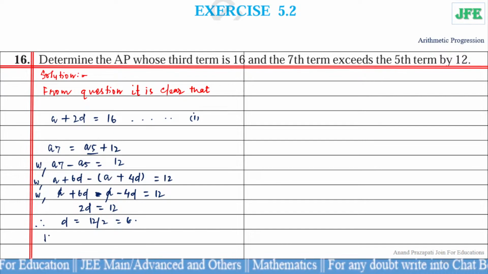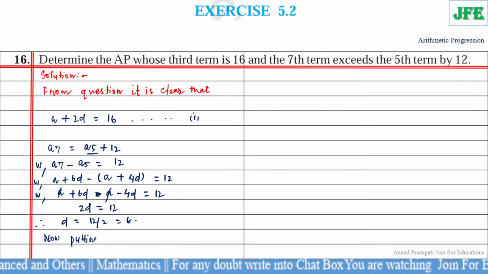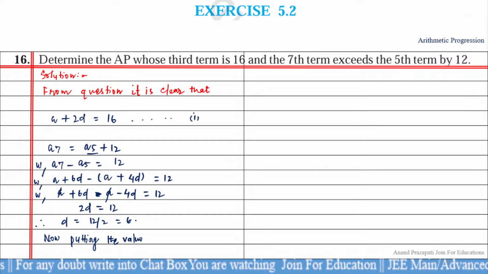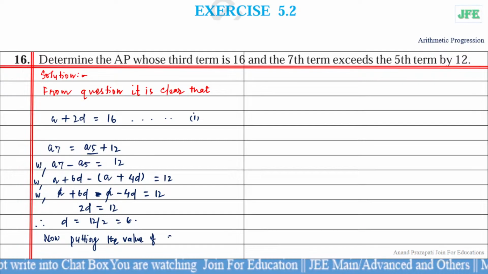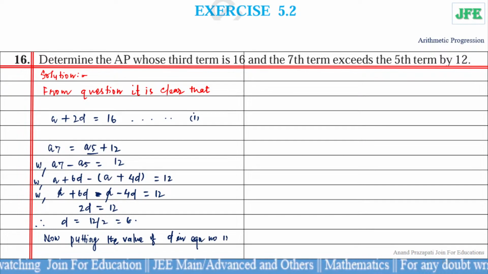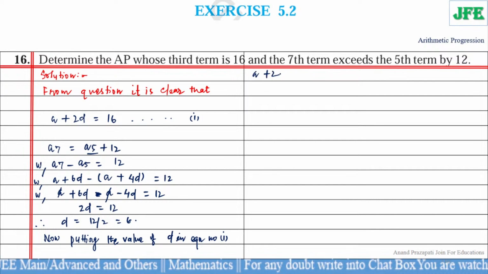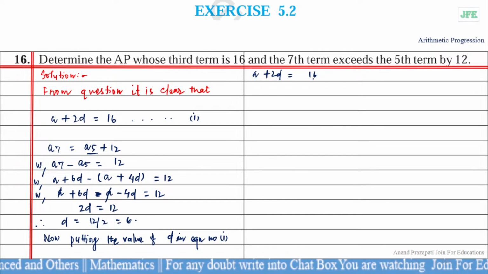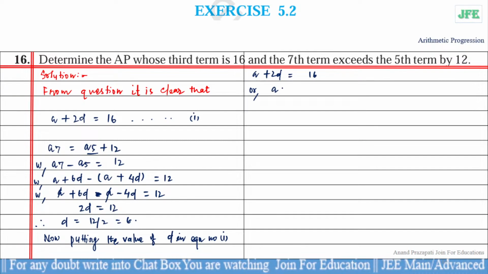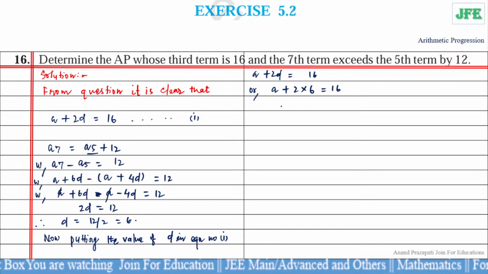Recalling equation number 1, a plus 2d equals 16, we write a plus 2 into d, with d equal to 6, equals 16.